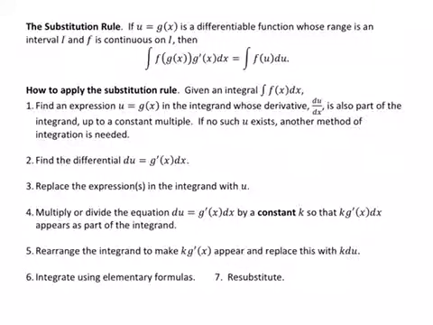Then rearrange the integrand to make this k g prime of x dx appear and replace it with k du, because du is g prime of x dx. Integrate the expression using just your elementary formulas, and in your answer you want to resubstitute.